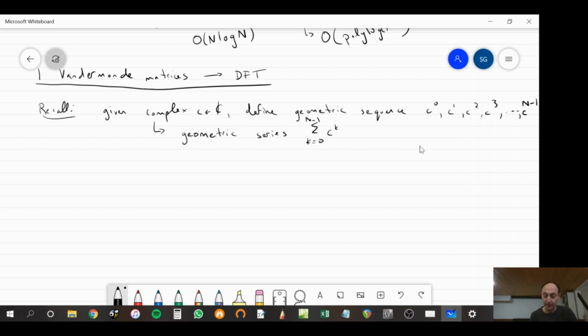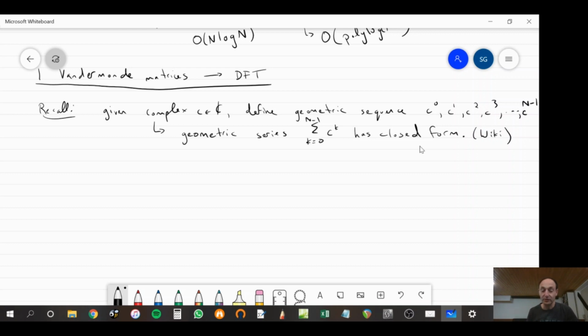So this has a closed form. I'm not going to write it here, just Google it. So geometric sequences are very nice, right?